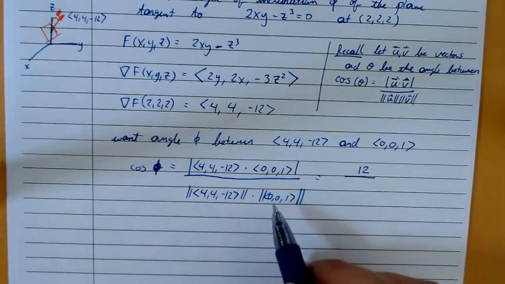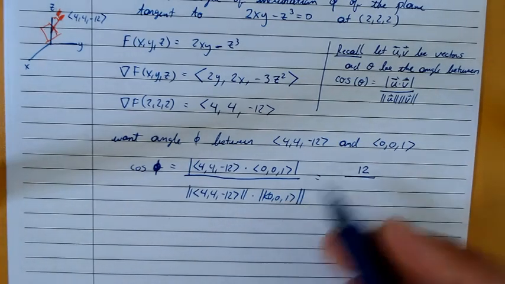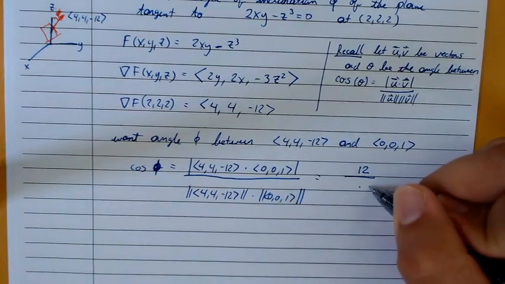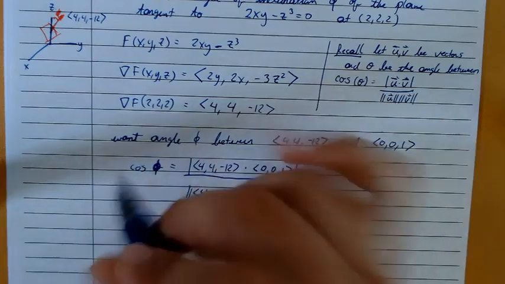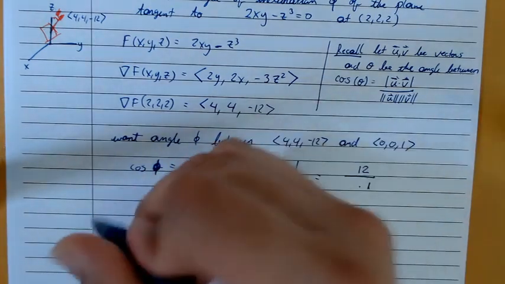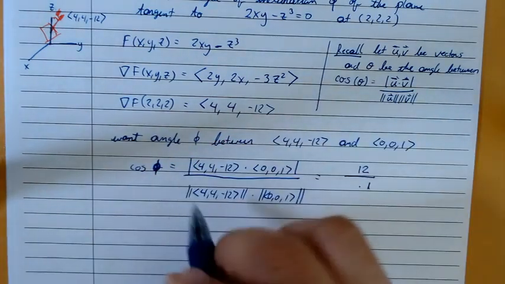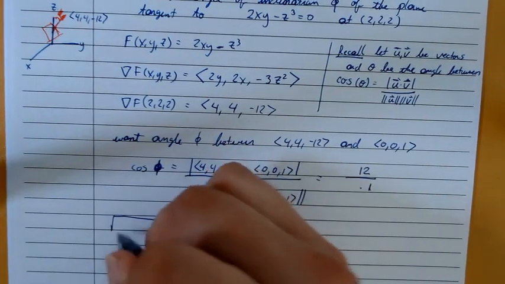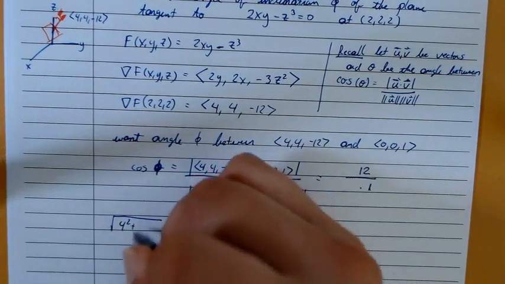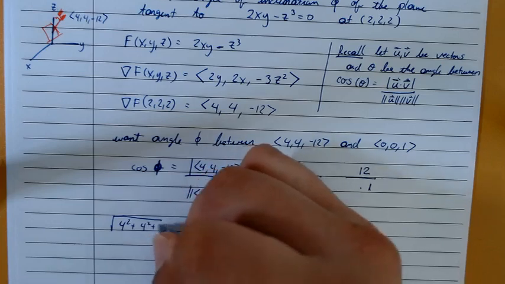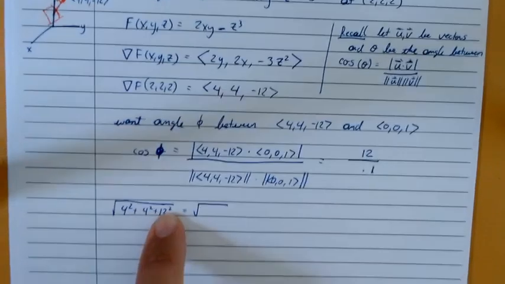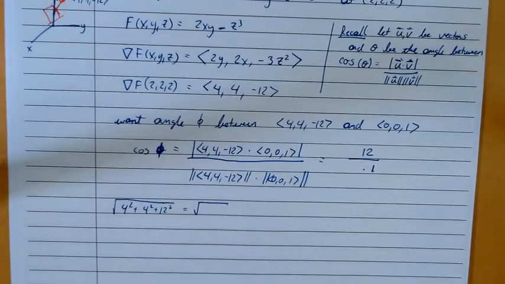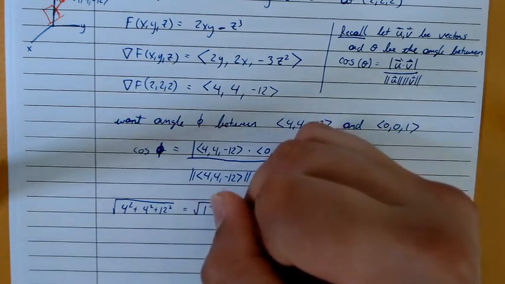Here, the magnitude of this one, well, it's a unit vector, so its magnitude is 1. And then the magnitude of this one, let's do this off to the side. That would be the square root of 4 squared plus 4 squared plus 12 squared. So that's 144 plus 16 plus another 16, which is 176.